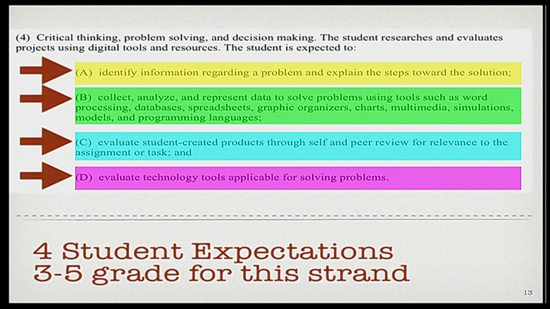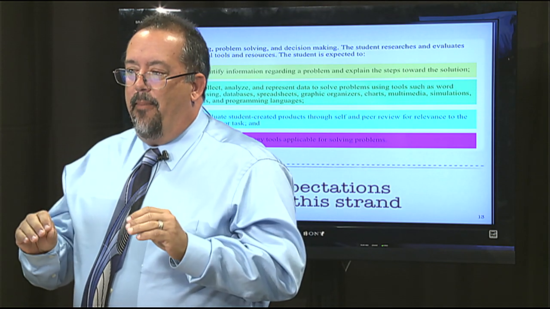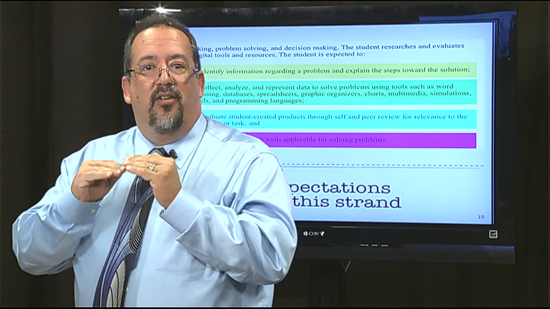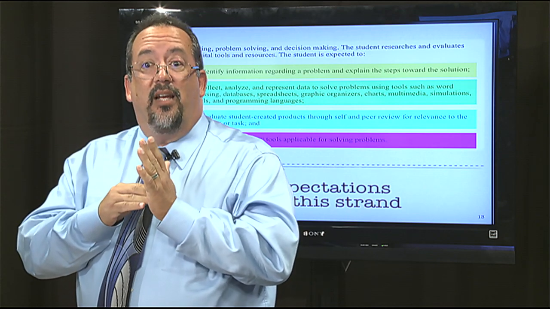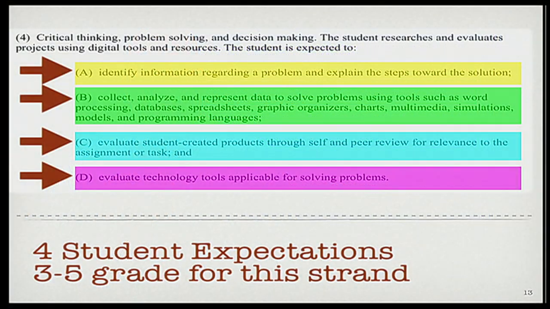So you see that we have the knowledge and skill statement up at the top, and then what follows underneath the knowledge and skill statement are the exact student expectations, what we're asking the students to do. So you see that in critical thinking and problem solving and decision making in grades 3 through 5, we have 4 student expectations. We have student expectation A, B, C, and D.